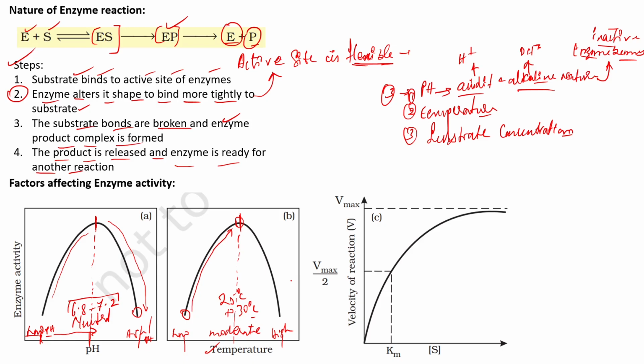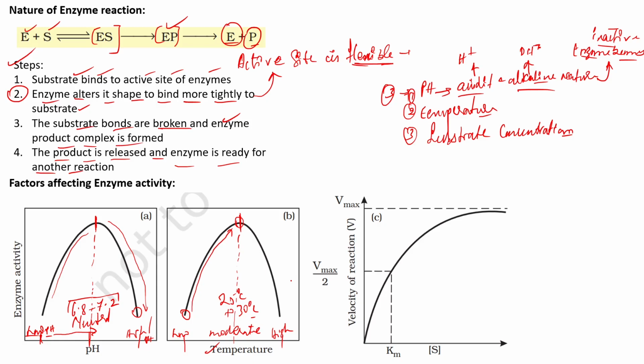In the previous slide, we mentioned that enzymes work at a very narrow range of temperature. But inorganic catalysts can work even at a high range of temperatures. They are not temperature dependent. Even at high temperatures, they can work happily.